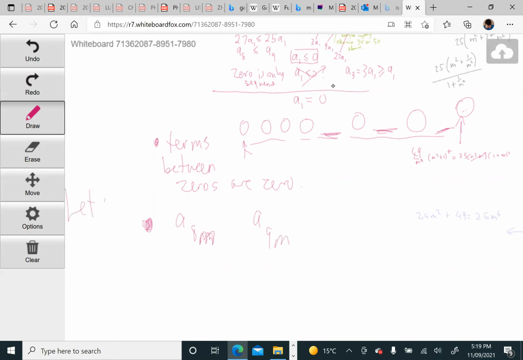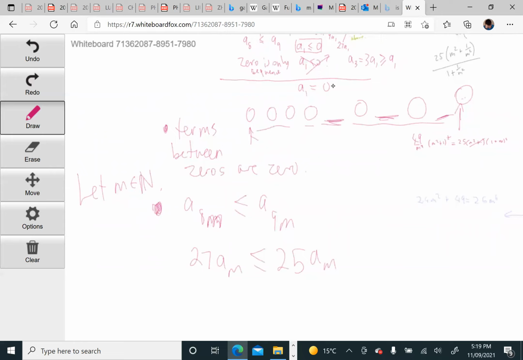So let M be arbitrary. 8M should be smaller than or equal to 9M, but this is 27 AM, this is 25 AM, right?